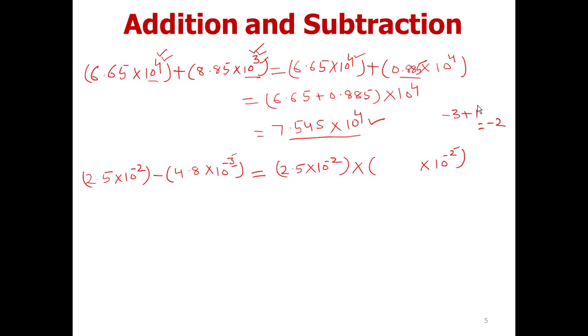As we have added 1, this decimal will be placed 1 place to the left, so it is 0.25 into 10 raised to the power minus 2. So we can write 10 raised to the power minus 2 is common. 2.5 minus 0.25 into 10 raised to the power minus 2.